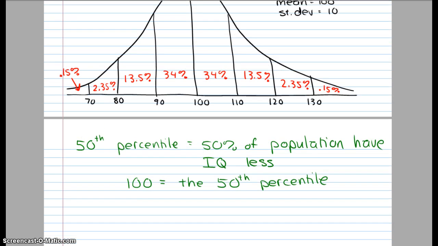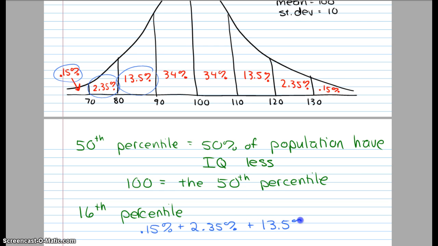If I wanted to decide what the 16th percentile was, well, if I added up 0.15% plus 2.35% plus 13.5%, oh my gosh, that magically comes out to 16%.